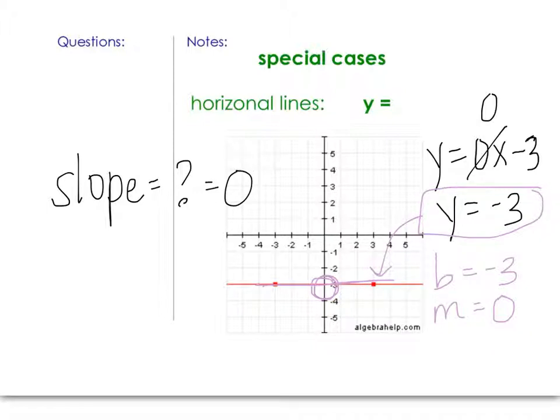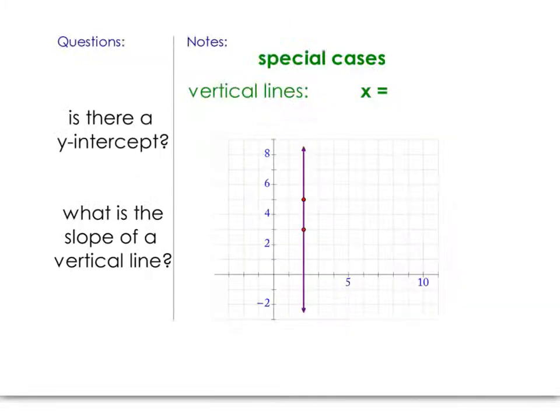One of your special cases is horizontal lines are always in the form y equals. Write that really big. Horizontal lines are always y equals. 0 slope is just y equals whatever the y-intercept is. So y equals negative 3.